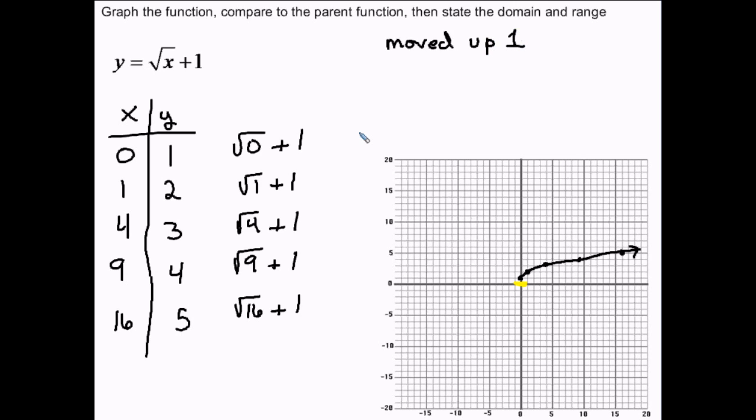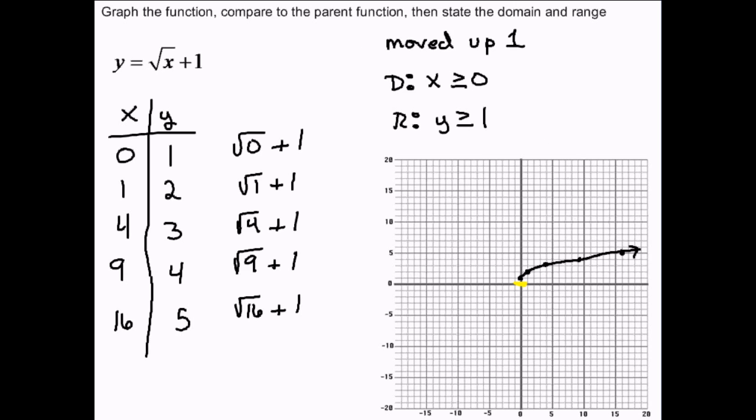And that's going to change my range. My domain is still going to stay x greater than or equal to 0 because I still can't plug in anything less than 0 on that square root, but I've now moved up 1. So my range has been limited. I have to now be greater than or equal to 1 because I moved up that 1 space.